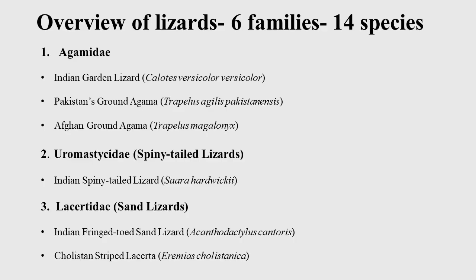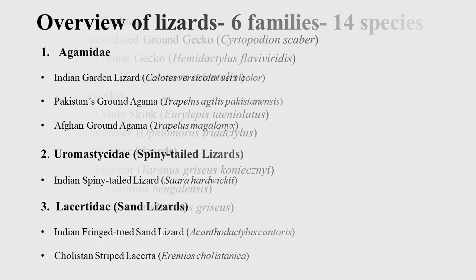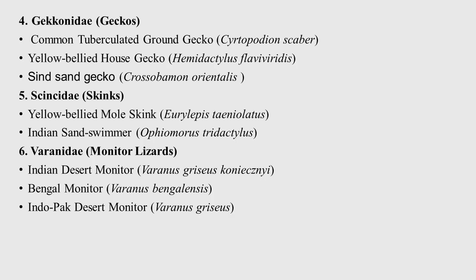Uromastycidae: spiny-tailed lizard, Saara hardwickii. Third is the Lacertidae: Indian fringe-toed lizard, Cholistan striped lacerta. The fourth family found in Cholistan is the Gekkonidae, which has 3 different species.